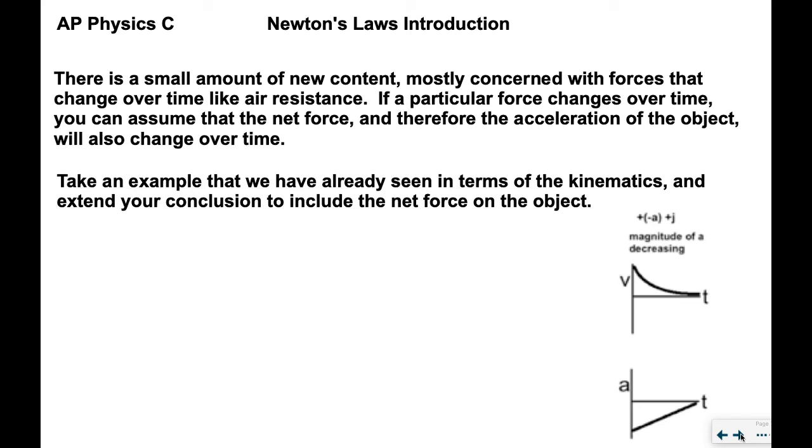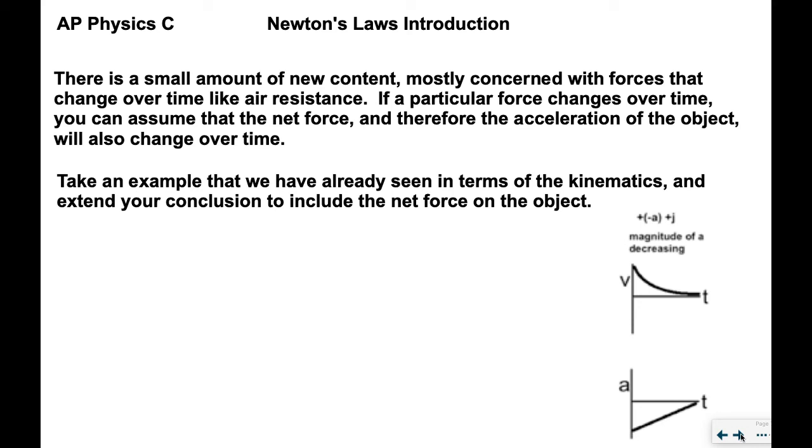One thing that we want to take a look at is the link between Newton's laws and kinematics, of course, the acceleration, because it appears in both of them. So when we look at the generic motion graphs that show objects with a jerk term, we have an example here that shows plus minus a with positive jerk.